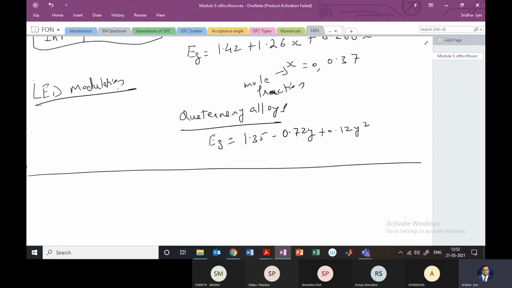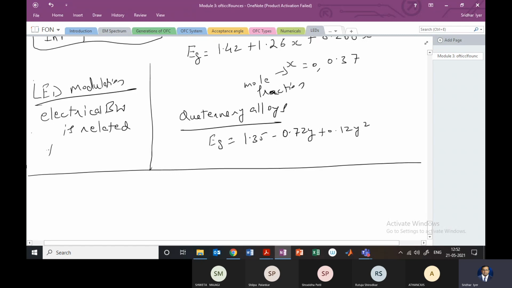That is very interesting in the sense that in that modulation part, we will see how electrical bandwidth is related to optical bandwidth, because there is obviously a difference between the two, right?